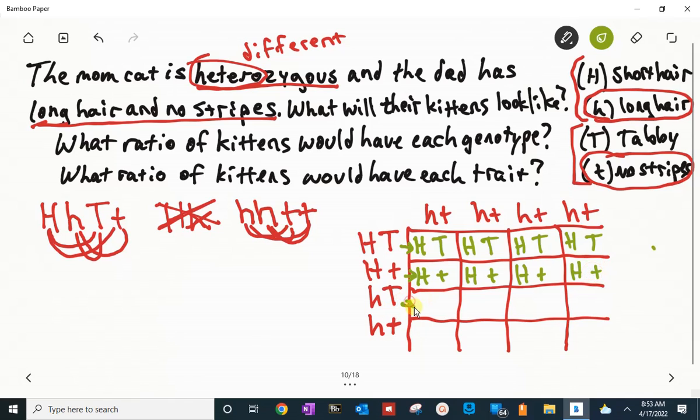On the third row from the mom, we're going to have lowercase h, capital T. And on the very bottom, lowercase h, lowercase t. Now for the dad, we can start in this first column, but they're all going to be lowercase h's and lowercase t's for the whole Punnett square.